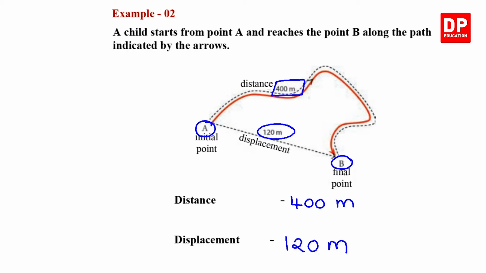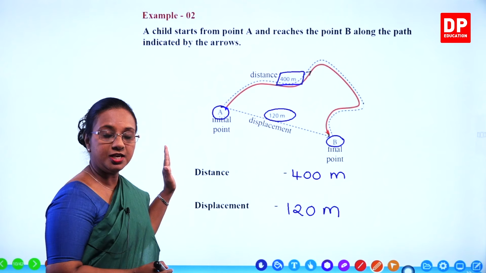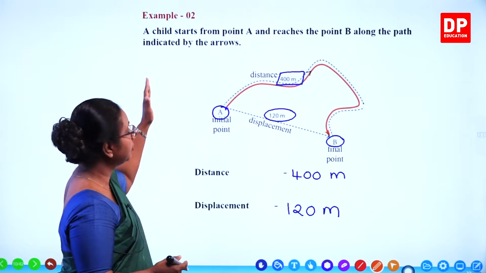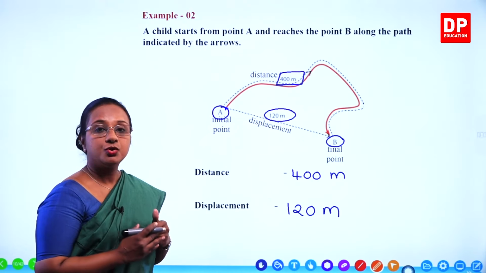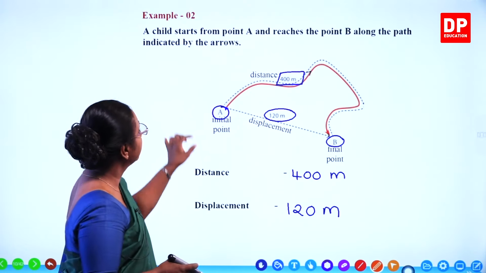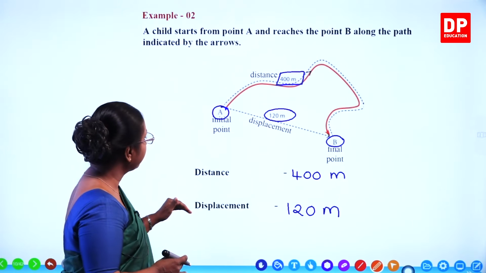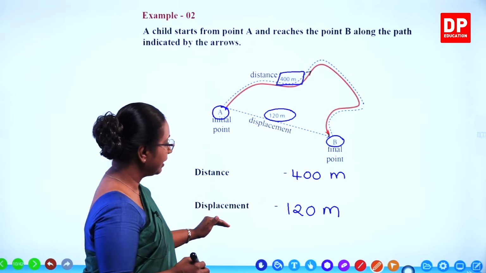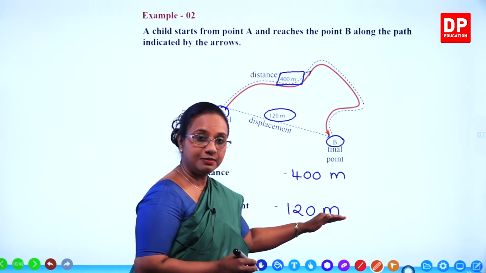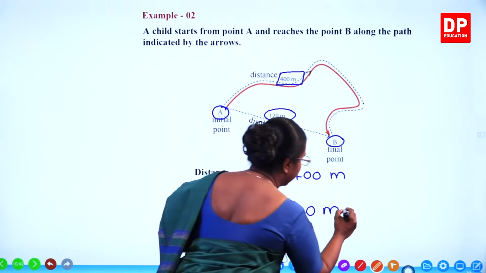Again here they have not given us a direction as to which is north or east or west. So we will only depend on the initial point and the final point. So therefore we will say displacement is 120 meters from A to B.